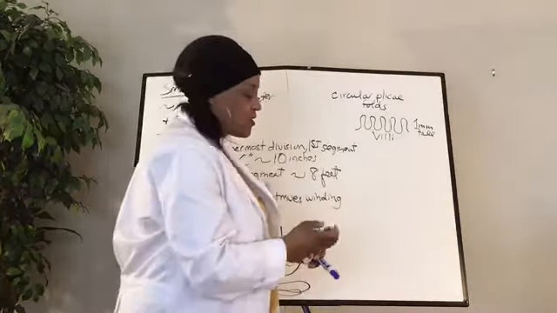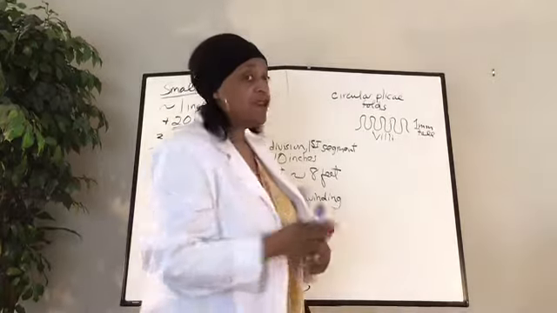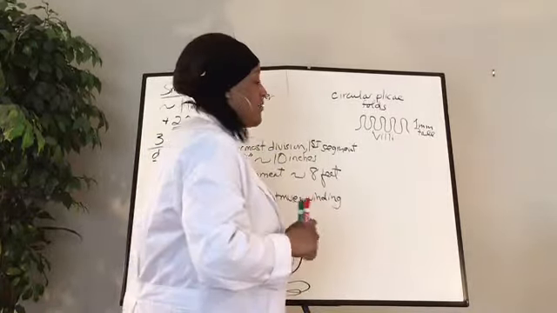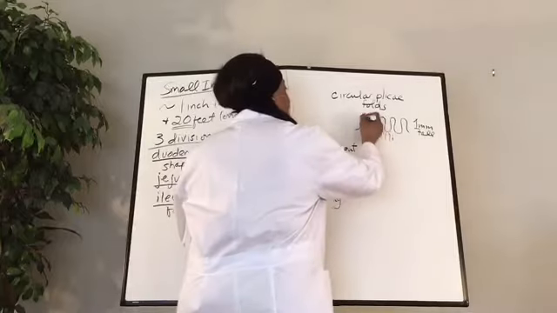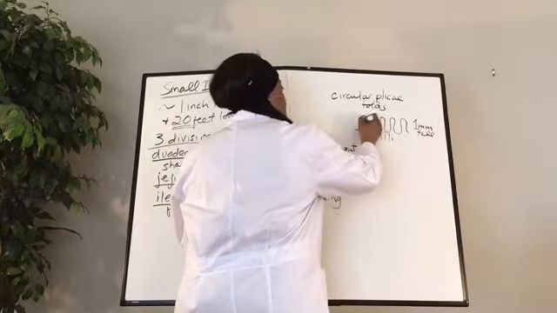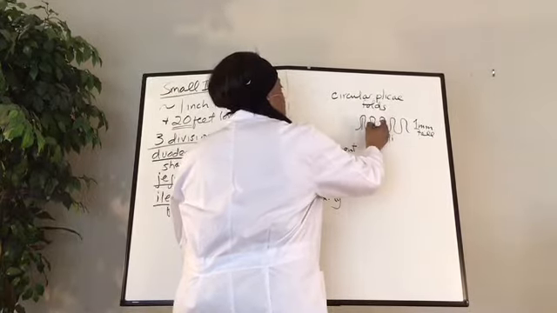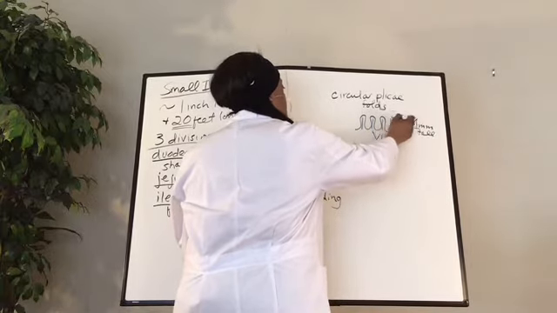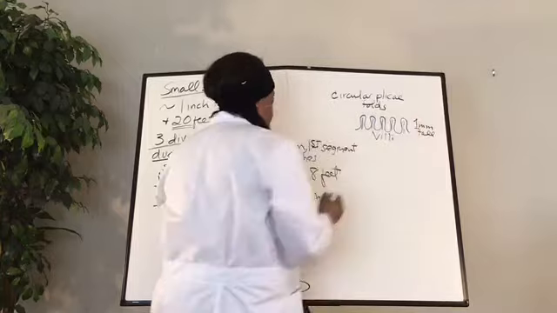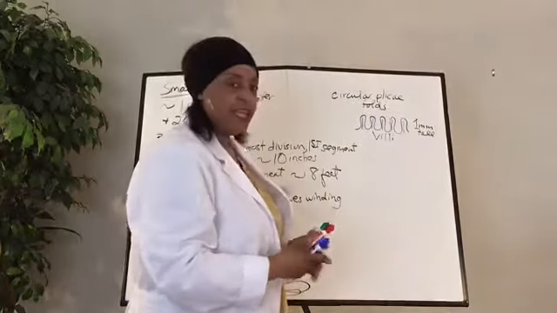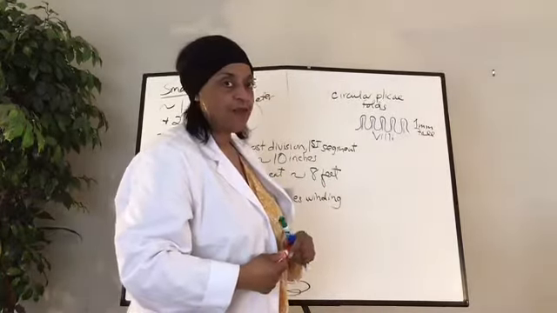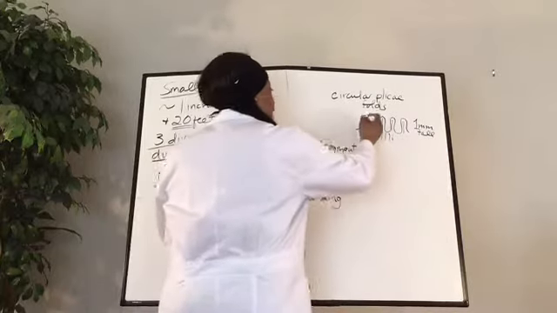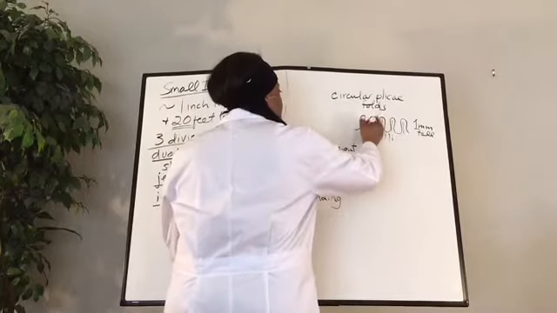So let's first look at each villus, and I'm telling you, it's a bajillion of them. Each one has in it a venule. Each one has a blood supply of a venule and an arteriole.